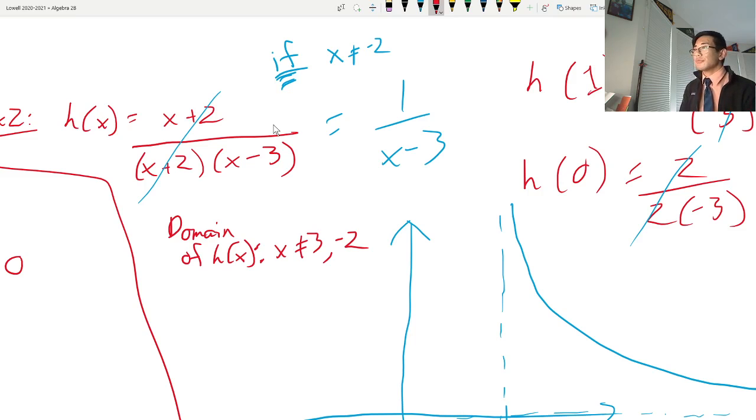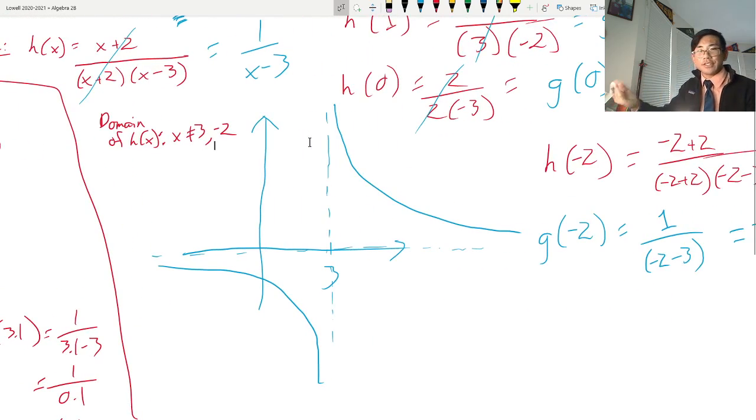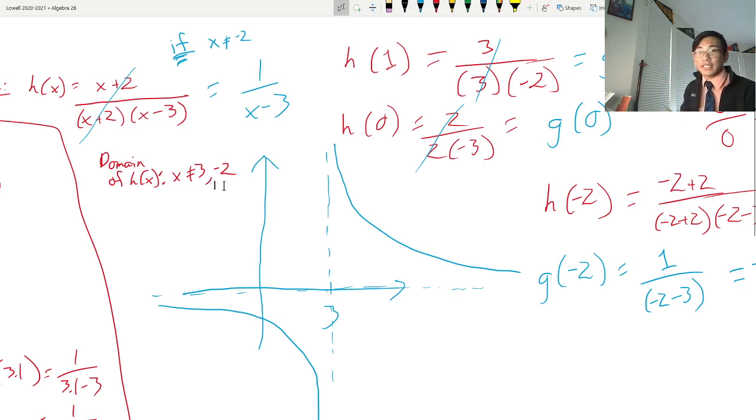But notice, if we were to plug in points on either side of negative 2, close to negative 2, it's not going to shoot up and make this weird drastic change like the original function does around x equals 3. And why is that? Well, again, as long as x is not exactly equal to negative 2, h and g are exactly the same. The only problem happens when, again, you plug in negative 2 for h.